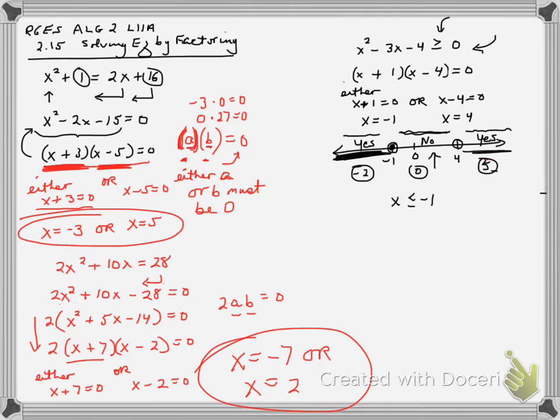But this is also a good region to the right, where x would have to be greater than or equal to 4. So we've solved for our 0 points, just as you would an equality. Then you look at your number line and you plug in to decide which region is true. Would it be the region in between or the region to the outside? And in this case, it's the regions to the outside, so this is my answer.